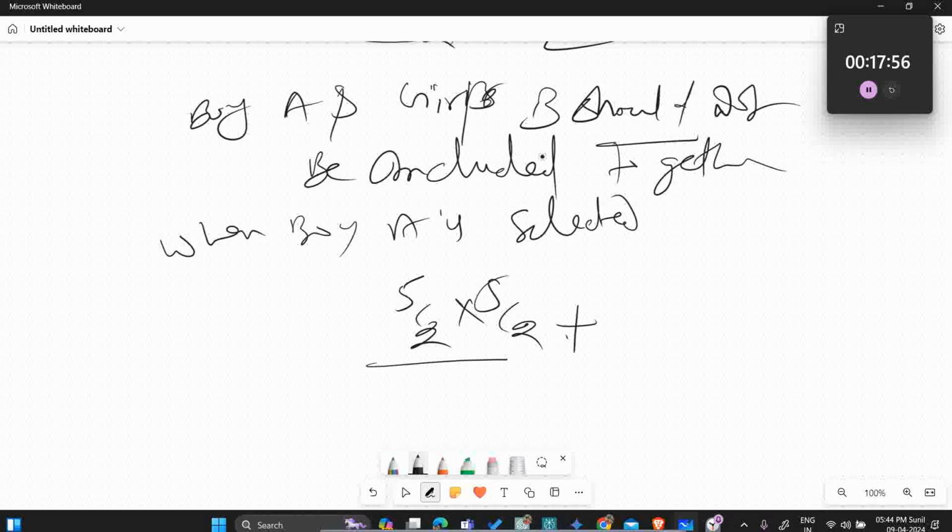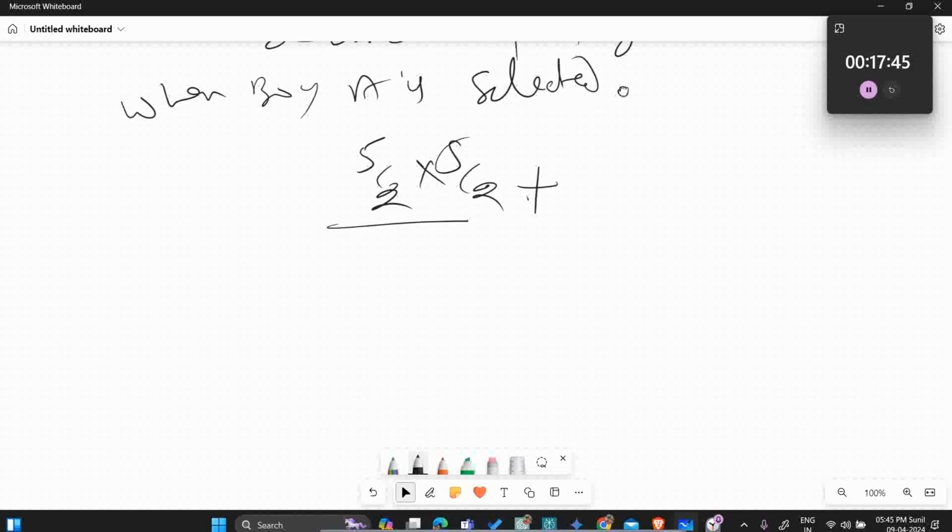Wait a minute. We have to minus total when both A and B are selected. So this will be complicated, right? So it will be like total minus when A and B both are selected, right? So it could be 6C3 into 4C1 also.